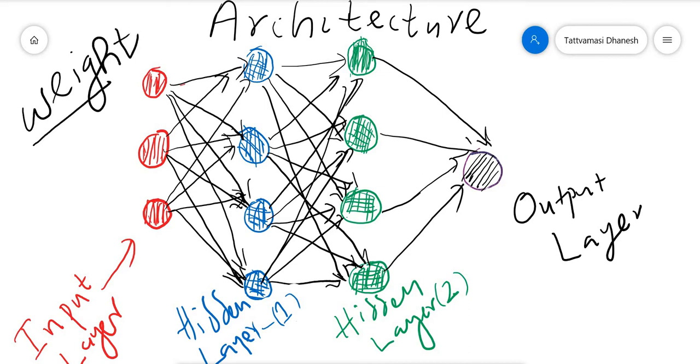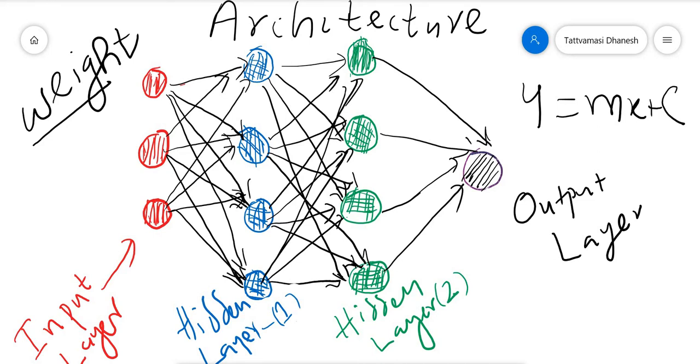Regarding the weight of the network, in the most fundamental way, for a simple linear regression line, the equation of a line, I can write it as y = mx + c. In this equation, m is the weight and c is the bias.